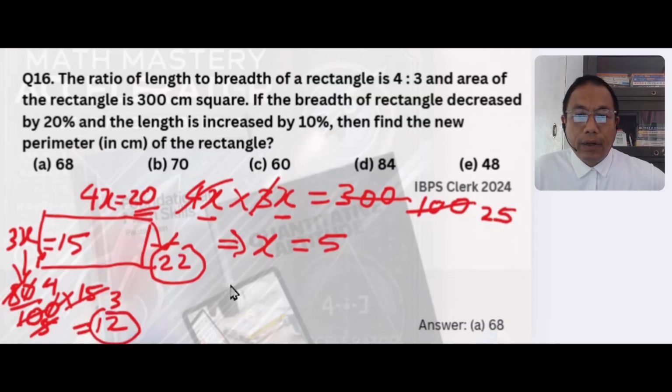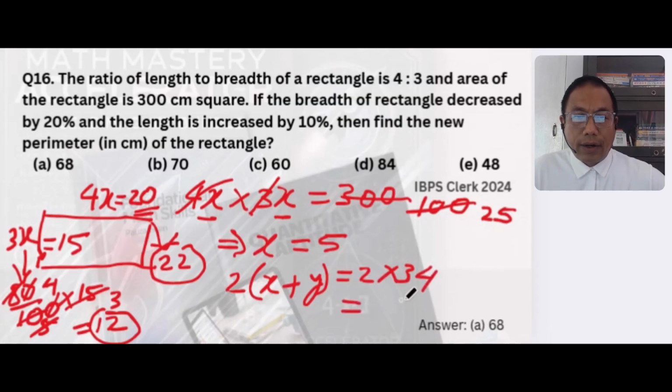New perimeter will be 2 times of x plus y, or 2 times of 22 plus 12, 34. 2, 4 are 8. 3, 2 are 6, 68. We have 68. Option A is the right answer.